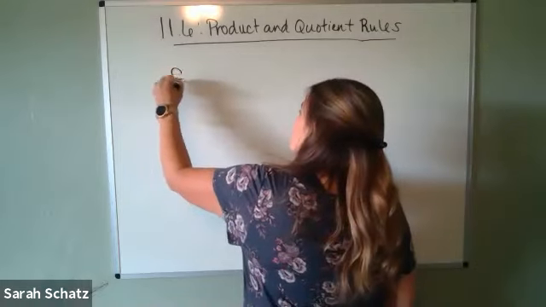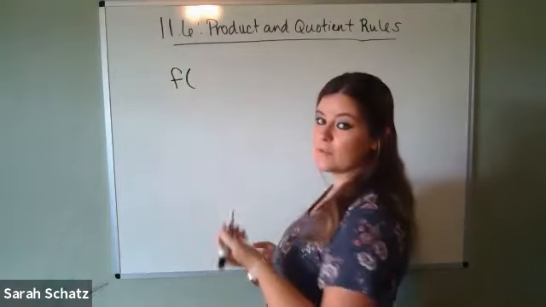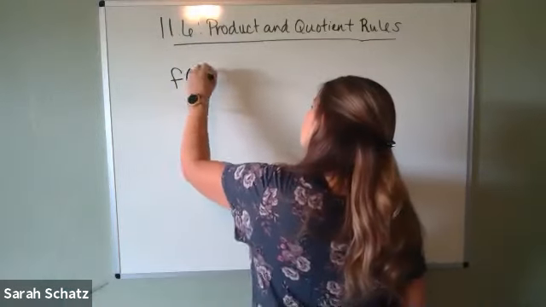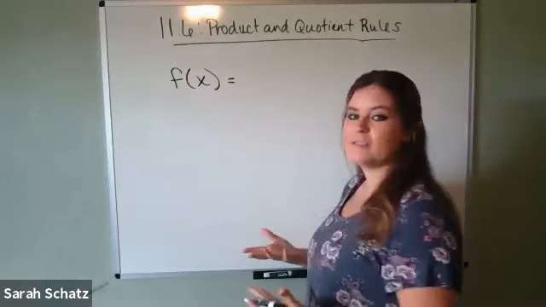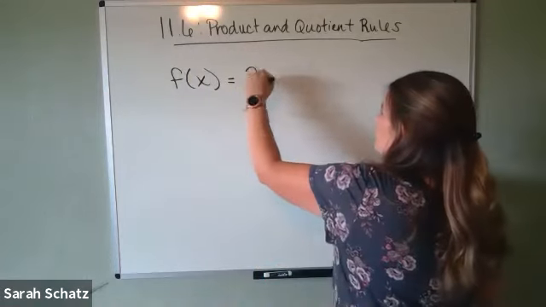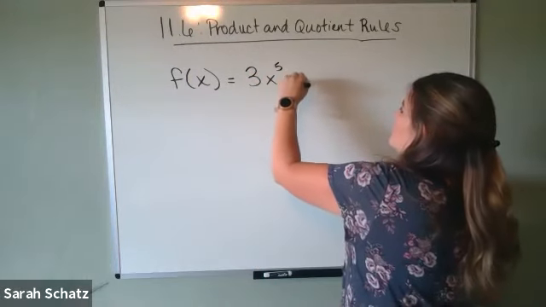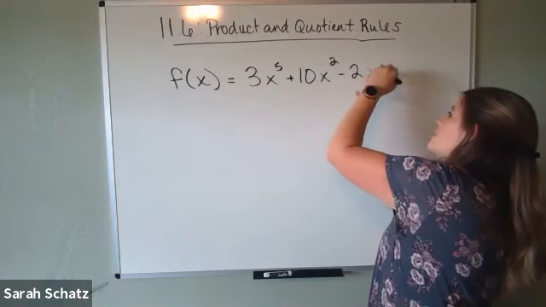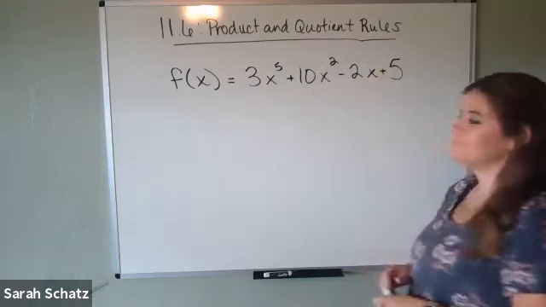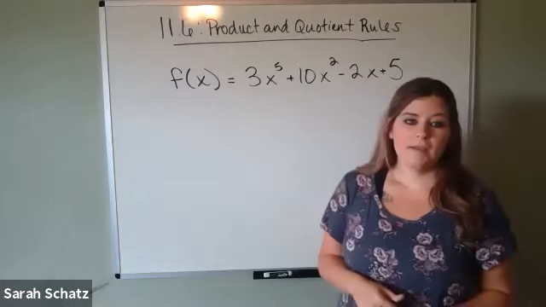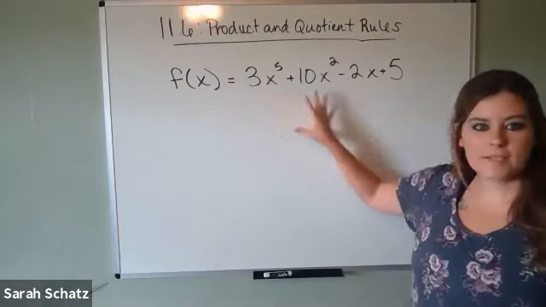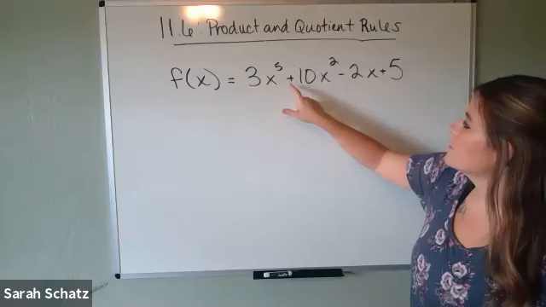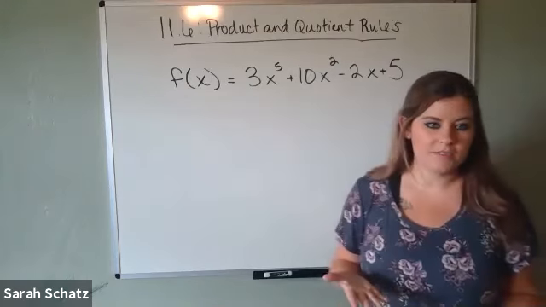So I'm going to start us off with a review of something we did last time. So we had something like f of x equals, I don't know, 3x to the 5th plus 10x squared minus 2x plus 5. And we look at this, and yeah, it's got a lot of terms, but notice all those terms are either added or subtracted from each other.